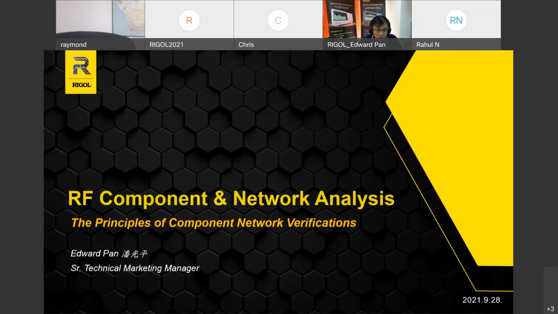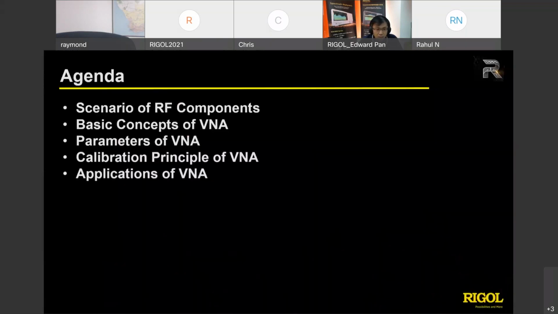Okay. So today we will focus on RF component applications. As you know, wireless communication is composed of several kinds of RF microwave components inside, like amplifiers, attenuators, connectors, mixers, or any kind of active or passive device.